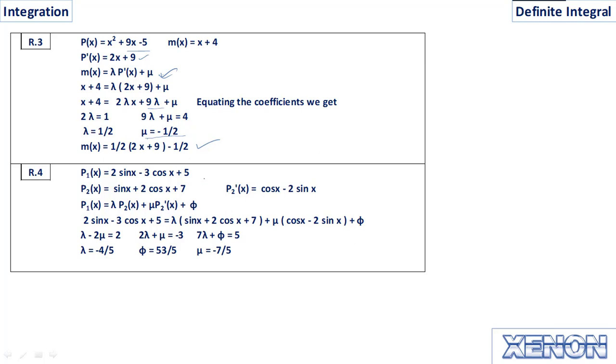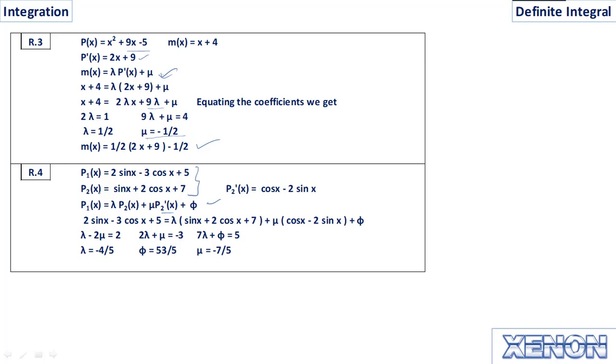Right? Now, when we get an integrand of the form p1(x) upon p2(x), where p1(x) and p2(x) are trigonometric functions, here we put p1(x) equals lambda p2(x) plus mu p2 dash x plus phi. Here p2 dash is the differentiation of p2(x) with respect to x, and lambda, mu and phi are constants.